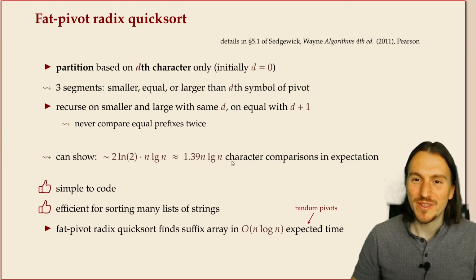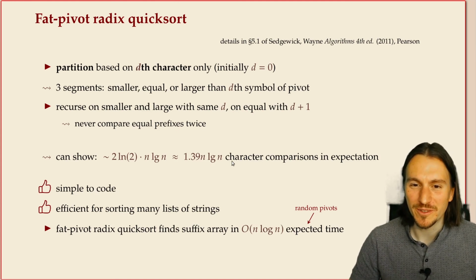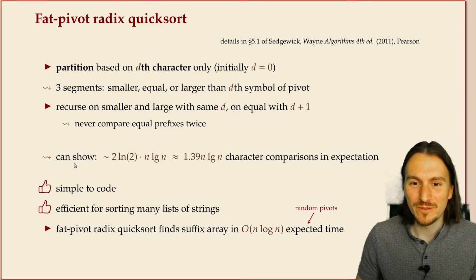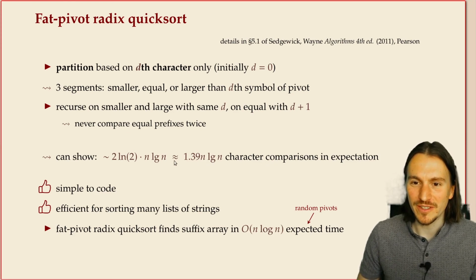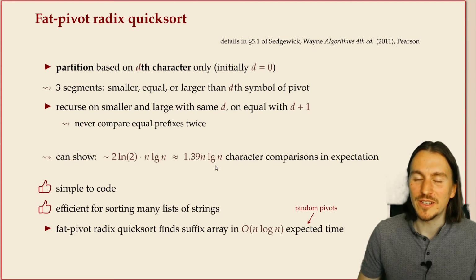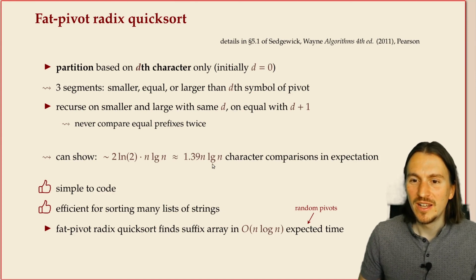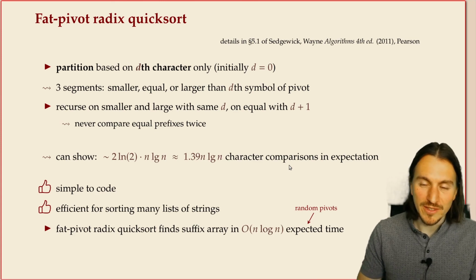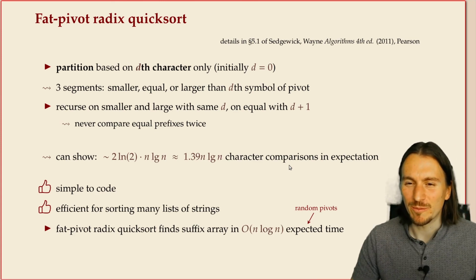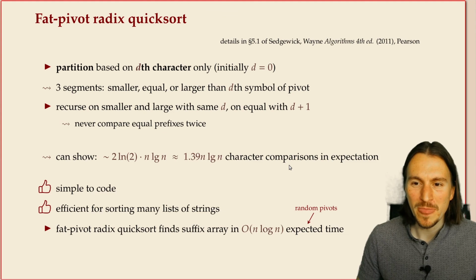What we can say about this fat pivot radix quicksort is that for a certain model of strings, if the strings are random, then we only need n log n time instead of the n squared log n that a standard sorting method might have in the worst case.